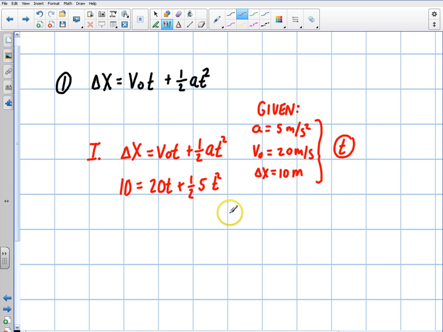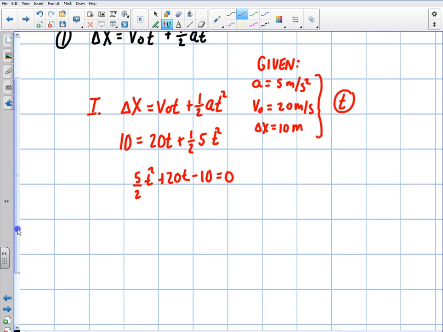If I wanted to solve this, I basically would have to arrange everything on one side, in standard quadratic form. So I'm going to have 5/2 t squared plus 20t minus 10 equals 0.